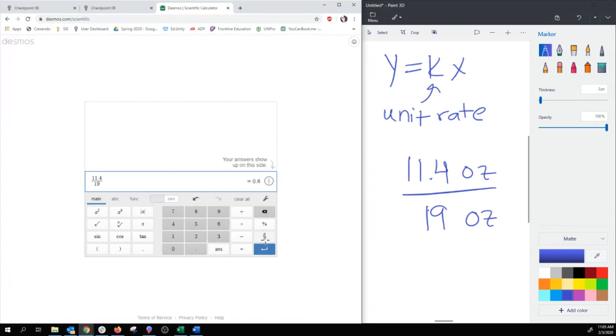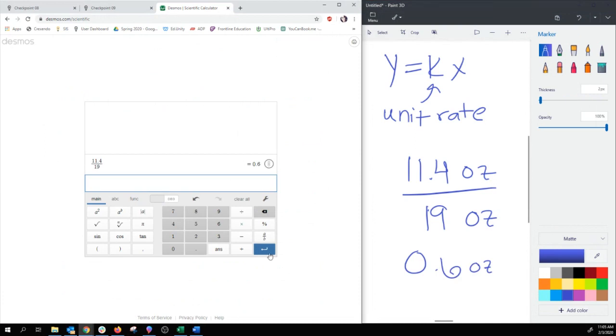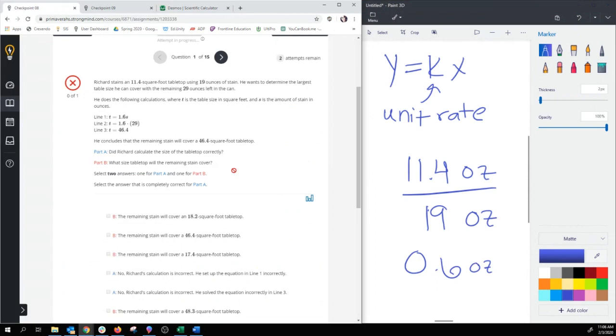Let's see, so I get 0.6. I want to try flipping it the other way just to see. So this way he gets this 1.6. So this is where he made his mistake, okay?